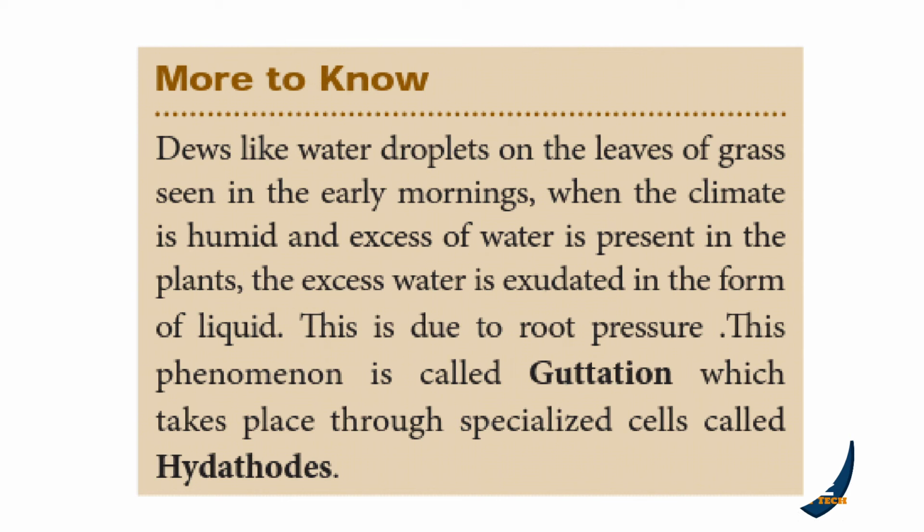This is due to root pressure, and this phenomenon is known as guttation. The excess water is excreted from the leaf; that is called guttation. It is due to root pressure, and takes place in specialized cells known as hydathodes. They can ask what is a hydathode and what is guttation.